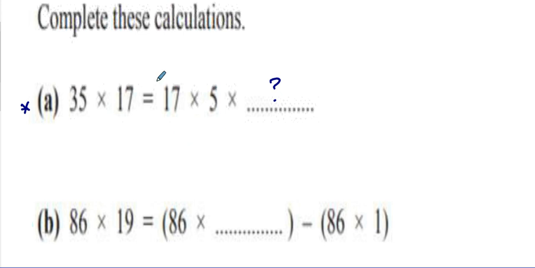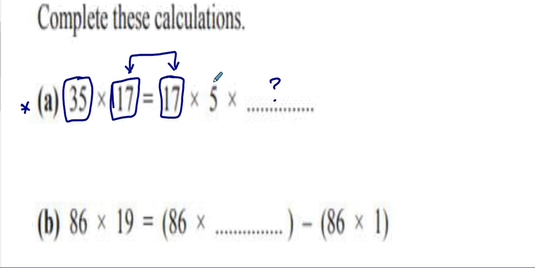If you take a good look, you have 17 and also you have 17 here. So these numbers are the same. Now here you have 35, but here you have 5. Now 5 times which number equals 35? That is the question.